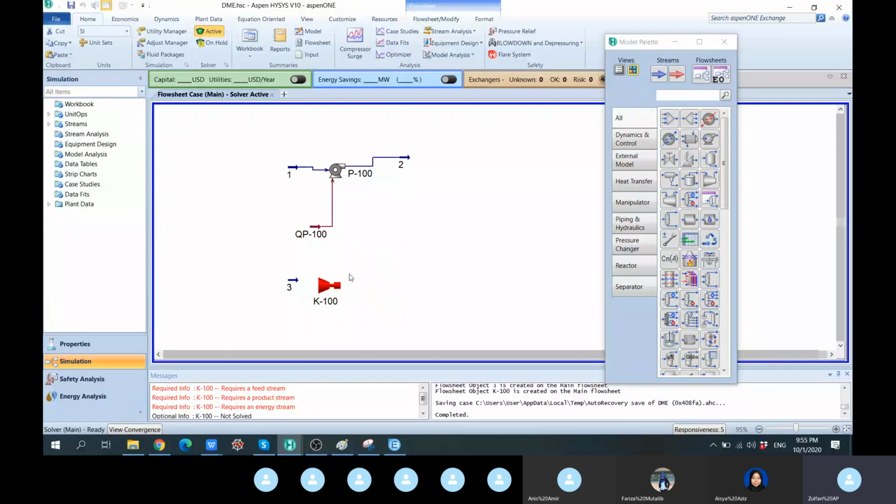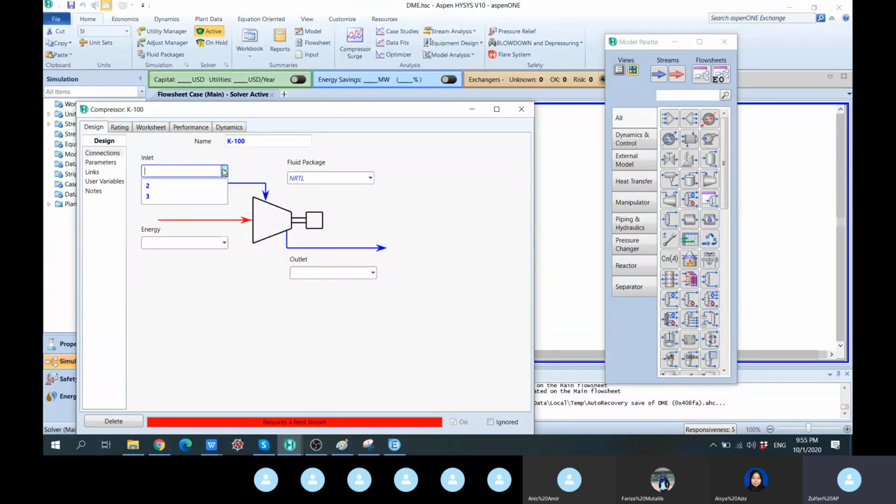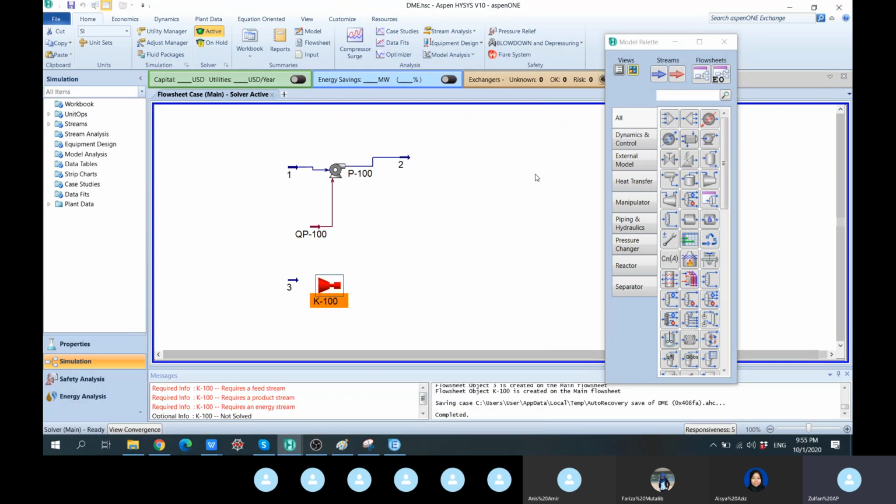Then how to connect this: I showed you already the drop down, but in this case you can also press control and move the cursor over to the stream. It shows out, and you can just click it and drag it to the inlet.